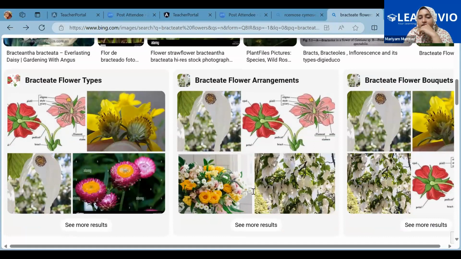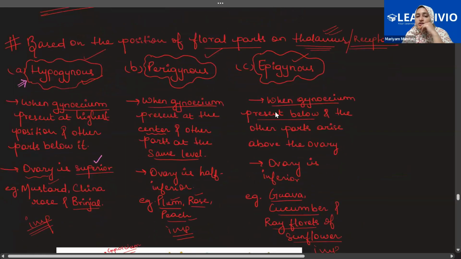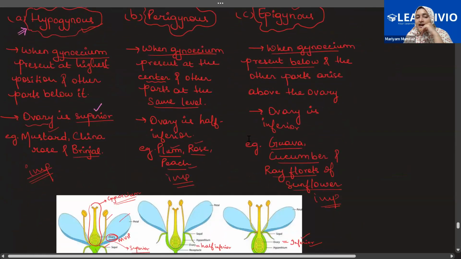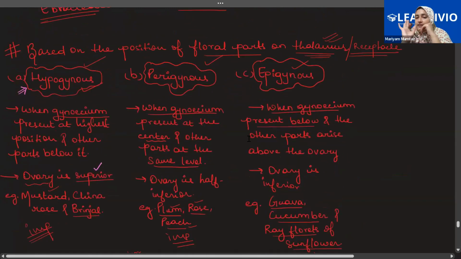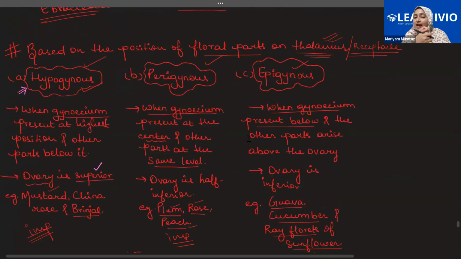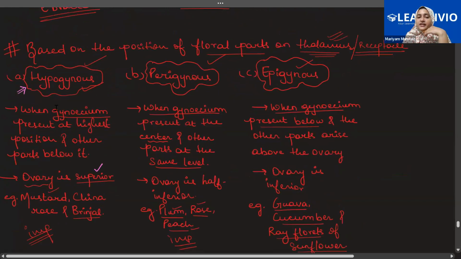Okay. Now, based on the position of floral parts on the thalamus, the flower can be further of 3 types: hypogynous, perigynous, and epigynous. These are the 3 types in terms of the ovary of the flower, in terms of the floral parts. So see, hypogynous, the first condition.